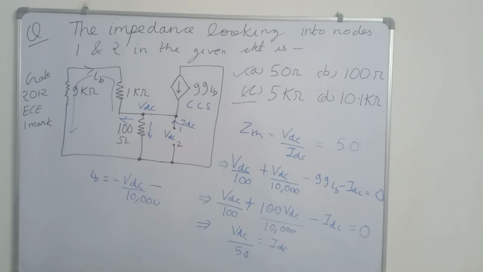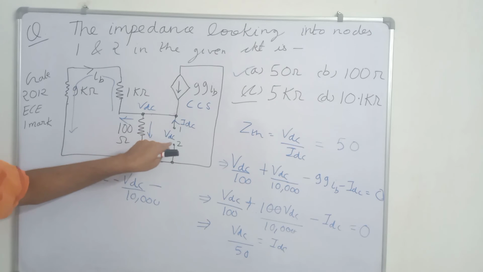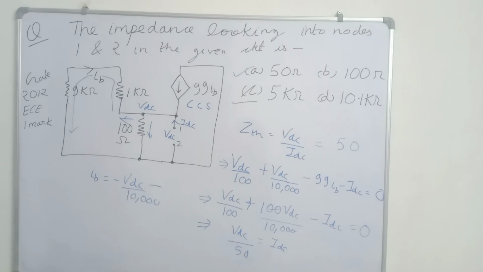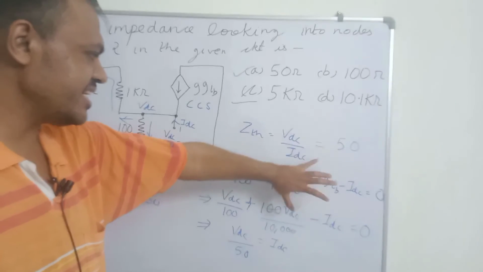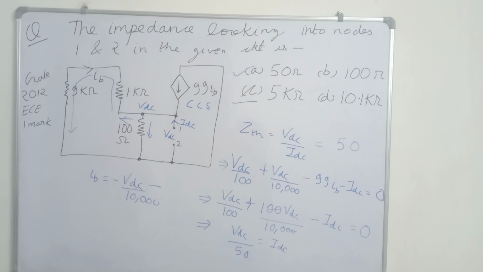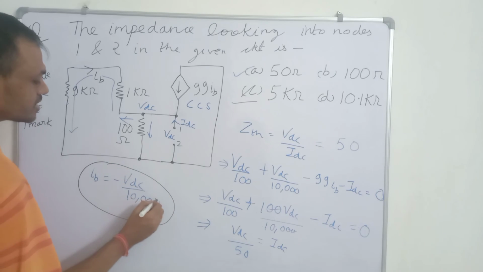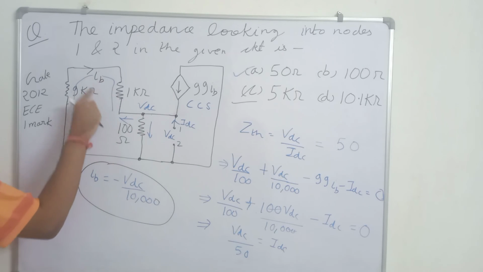So this is how we solve such questions. This circuit consisted of only dependent sources, so we had to apply a voltage VDC here and a current IDC flowing through it. Then the impedance will be equal to the ratio of VDC to IDC. IB is equal to minus VDC upon 10,000, because IB is related to VDC upon 10 kilo ohm.